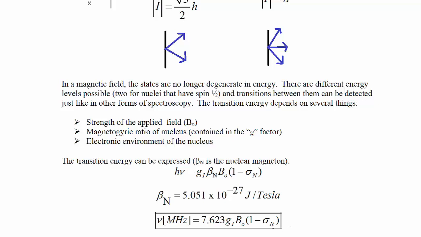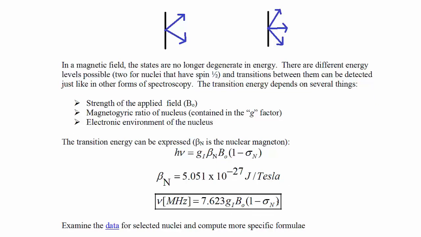And if we put 0 in for sigma, we will get the frequency of the naked nucleus without any electrons, sometimes referred to as the NMR frequency.